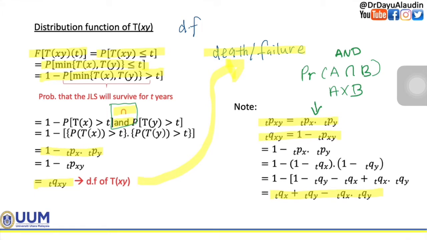So the first equation for tPxy is tPx times tPy. If you want to convert it into tQx terms, you use this one: tQx plus tQy minus tQx times tQy.